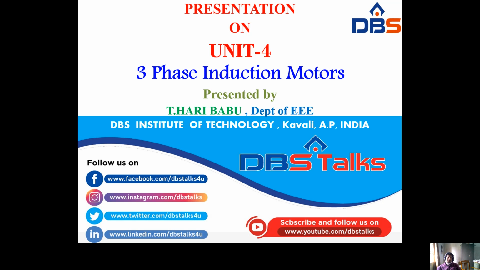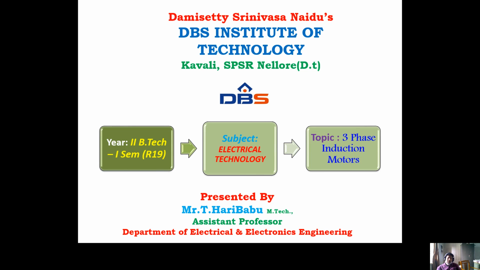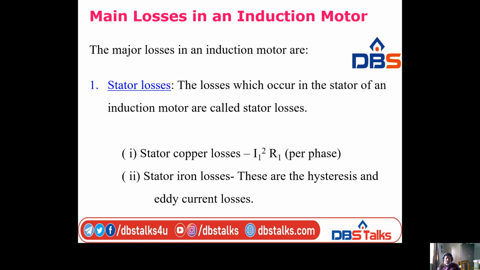Now we go for the next topic, the last topic of the fourth unit, that is losses. Losses in an induction motor. Generally, losses are iron losses, copper losses, and rotational losses, friction and windage losses.